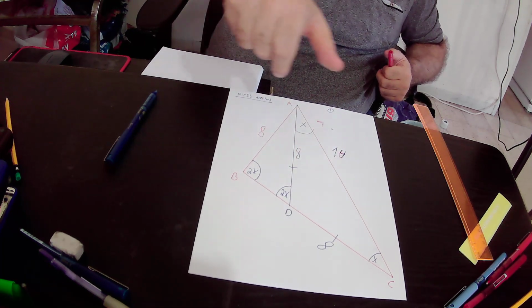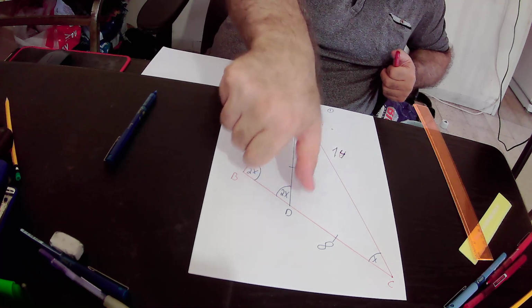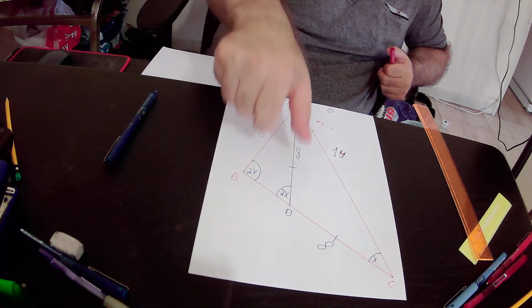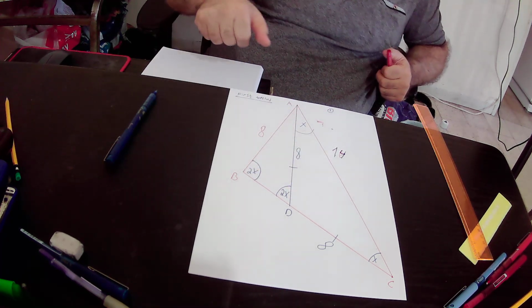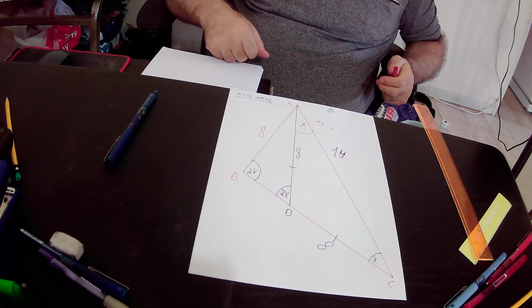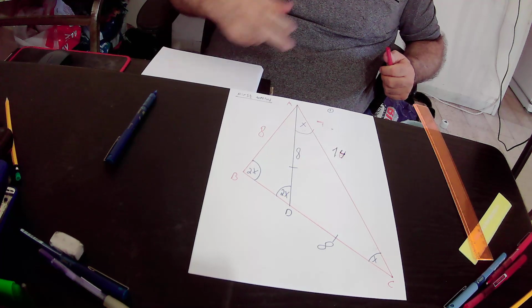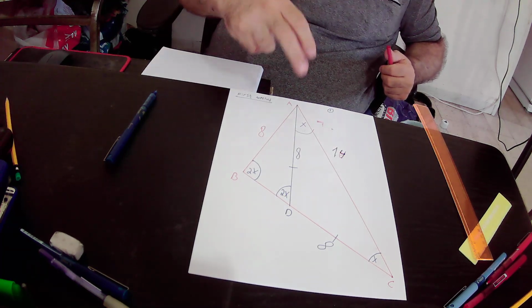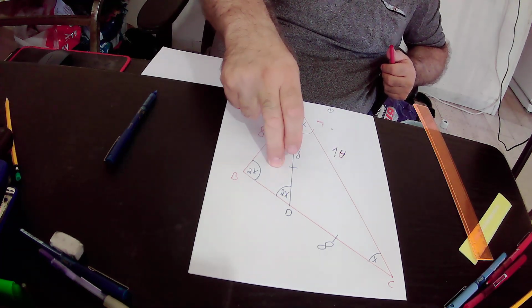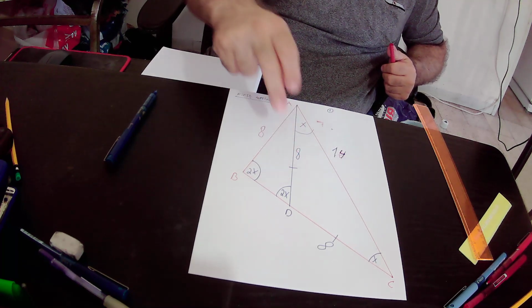The base of triangle ABD is BD. So according to rule number 3, we have here an isosceles triangle.